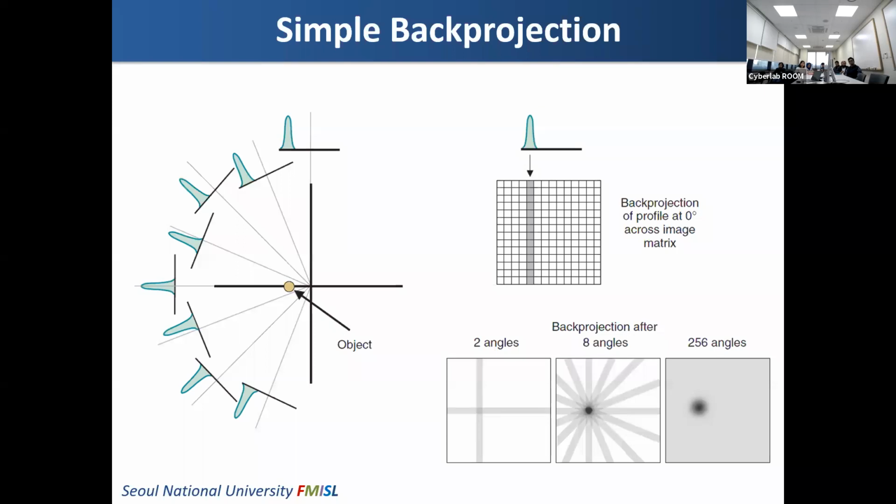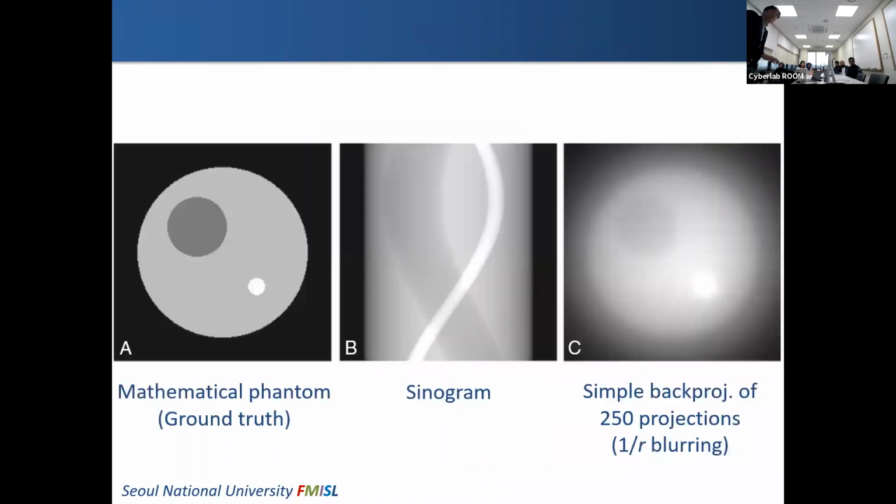So this is the very basic back projection method for reconstruction. But this simple back projection has some limitations. This is a mathematical phantom, and this image is the sinogram, the accumulated image of the angular profiles that we acquire.